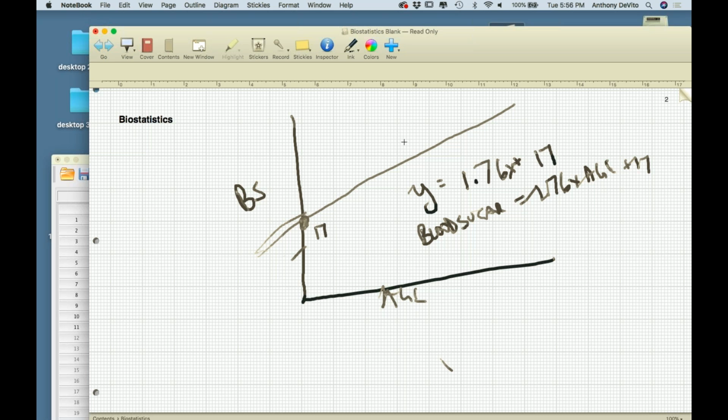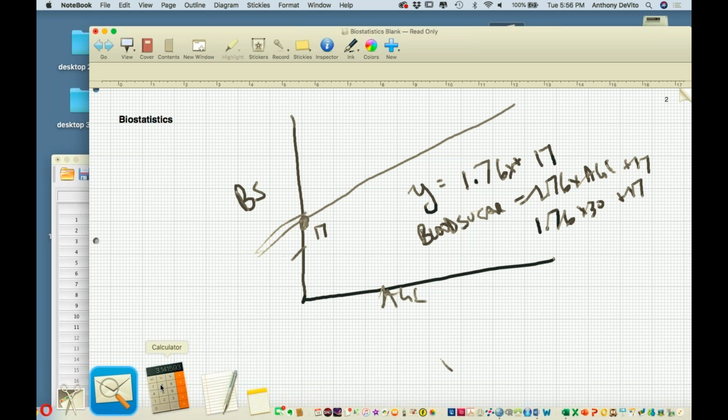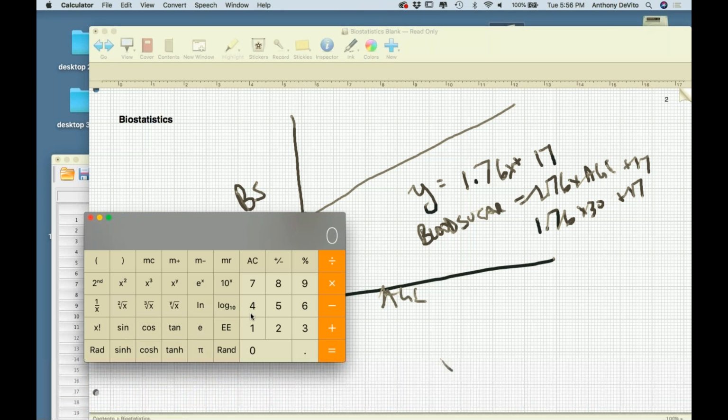Let's say his age is 30 years old. That's 1.76 times 30 plus 17. What do I get? So I would predict that his blood sugar is going to be about 70.